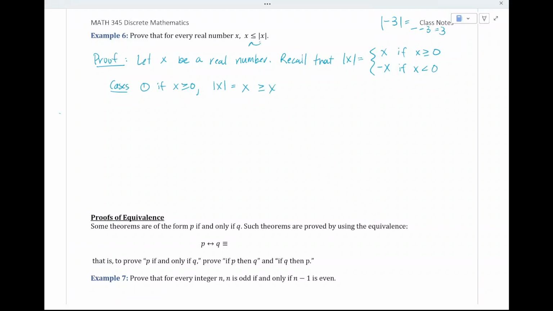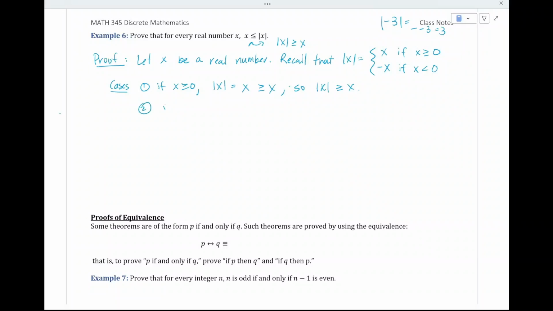So I can flip this around and say the absolute value of x is greater than or equal to x. So we're seeing that the inequality holds in this case.